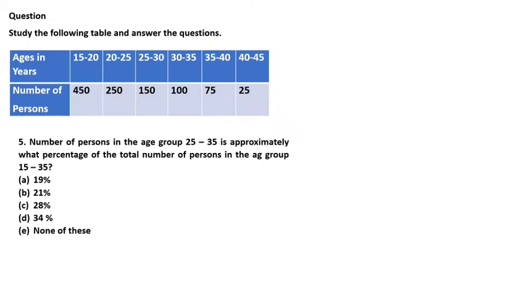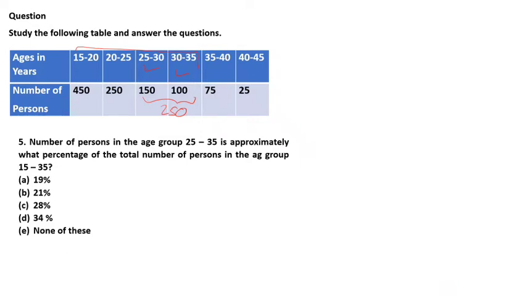The number of persons in the age group 25 to 35. Here you can see 25 to 35, these two groups: 150 and 100, it becomes total 250. Approximately what percentage of the total number of persons in the age group 15 to 35? 15 to 35, this total.